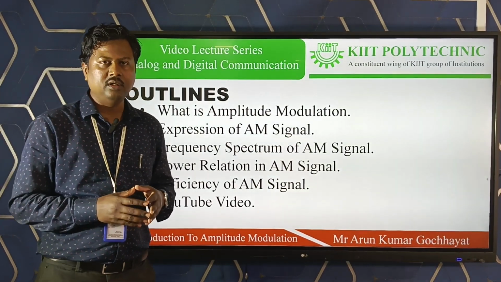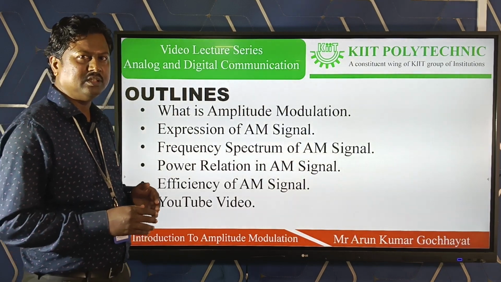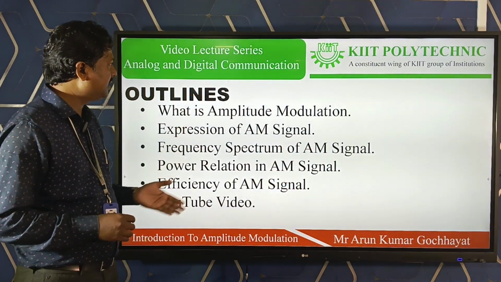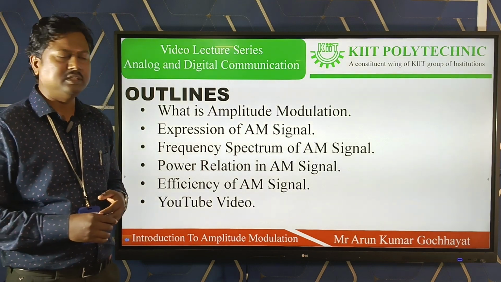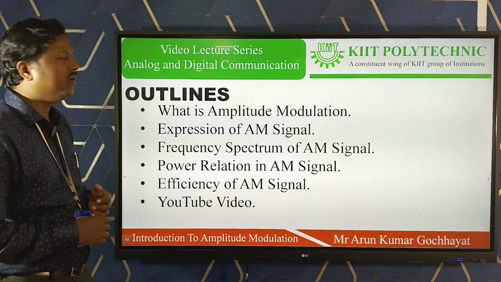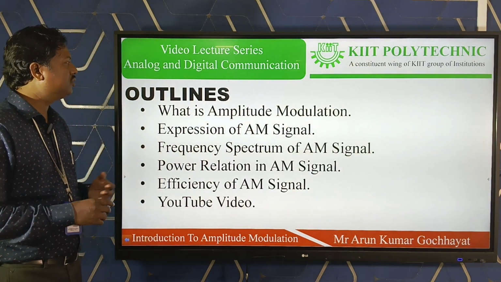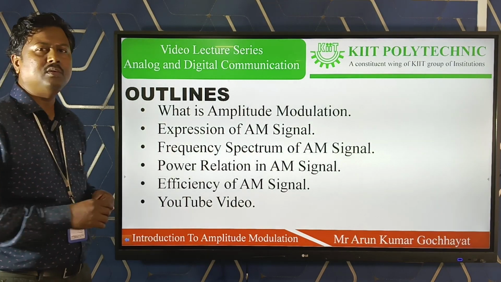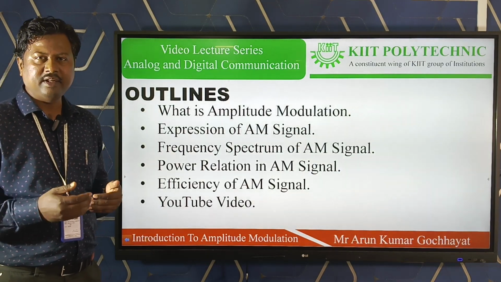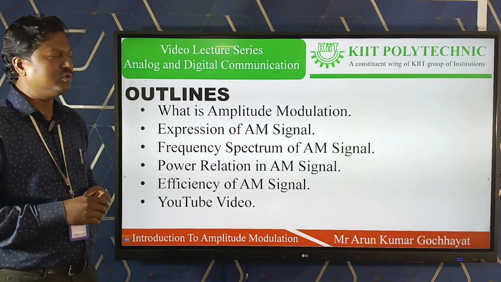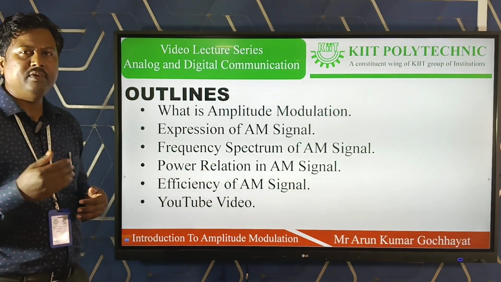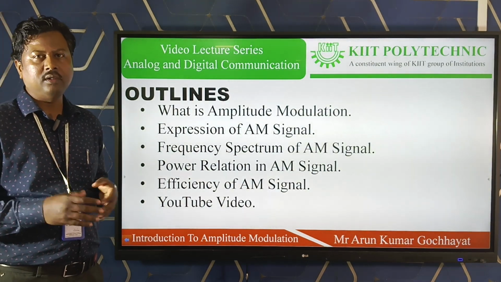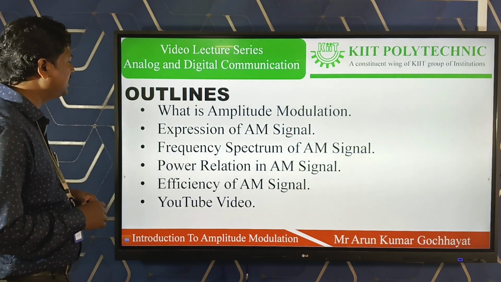In this video we are giving emphasis on certain aspects, which are written here as the outline of this presentation. First we will go for the definition of amplitude modulation. Thereafter we will derive the expression of the amplitude modulated signal. Then we will learn how to draw the frequency spectrum of the amplitude modulated signal.